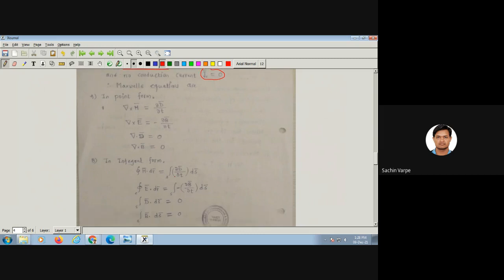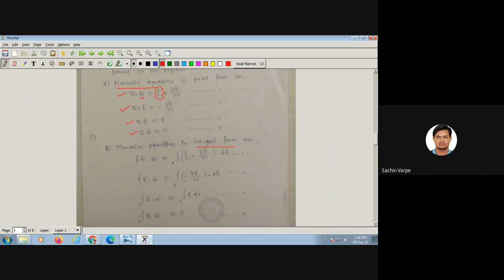If you remember the statements of the theorems we just discussed, Gauss divergence theorem, Stokes theorem and Green's theorem, the line integral over the closed curve C of H bar dot dr bar is nothing but the surface integral of this f bar dot ds bar. So where we have seen this line integral is related to the surface integral, that is nothing but which theorem?